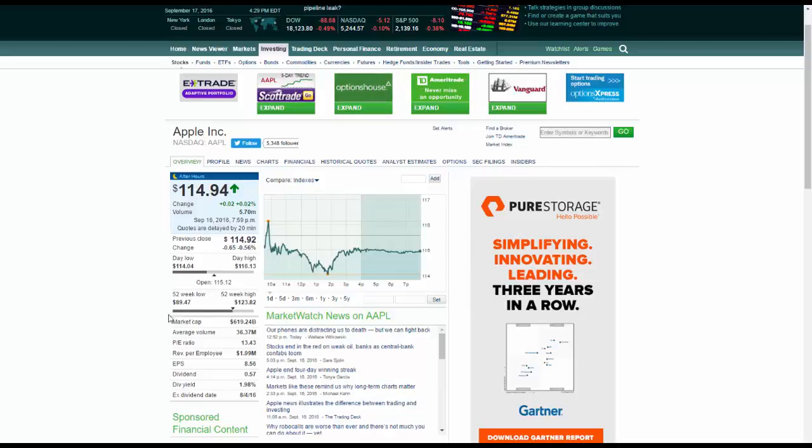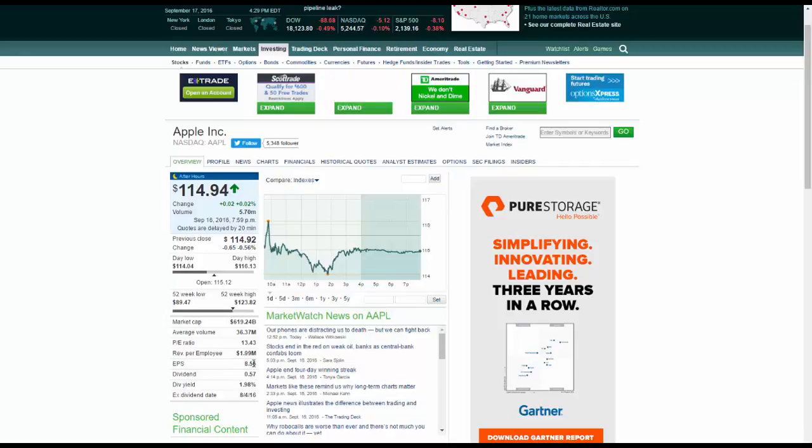We see that Apple is not quite as high as the 52-week high at Microsoft. And we also see that the earnings per share is a lot higher. It's actually 4 times more, so 4 times as profitable than Microsoft.